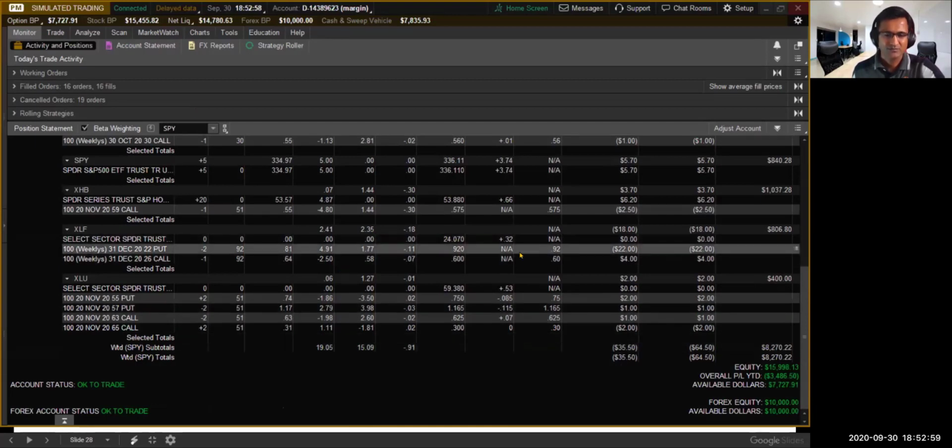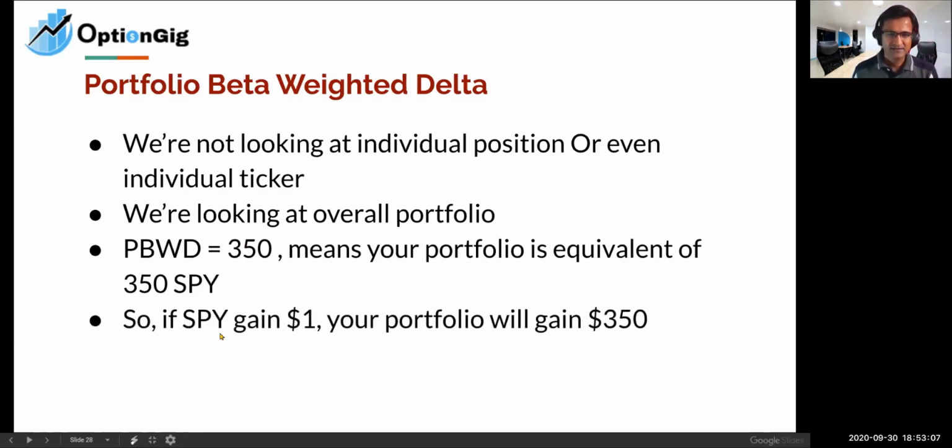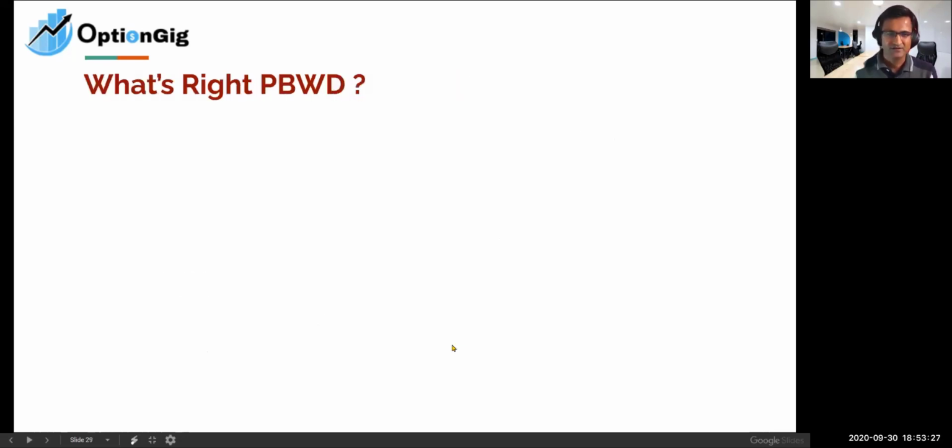It means my overall portfolio will behave as if I am holding 19 units of SPY. It means if SPY gains $1, my portfolio will gain $19. If I have 350 SPY, or my portfolio beta weighted delta when beta weighted to SPY is 350, it means approximately if SPY goes up by $1, my portfolio will go up by $350.